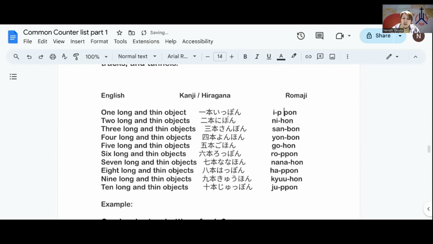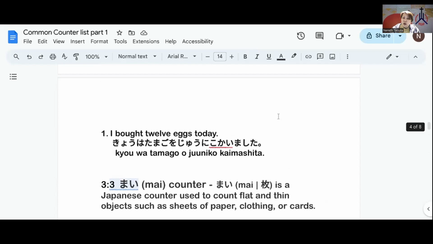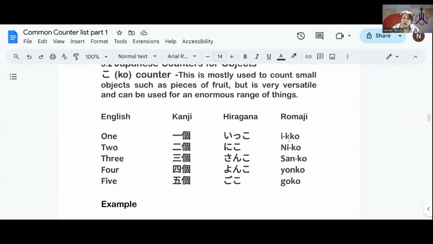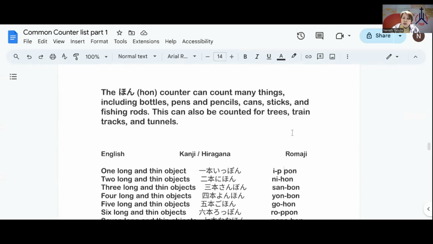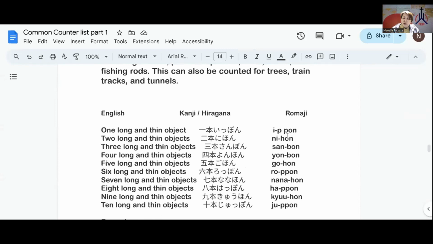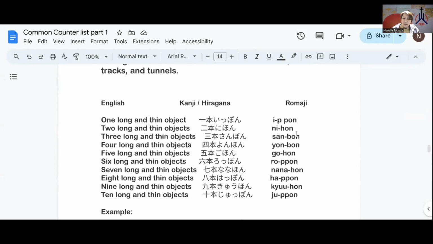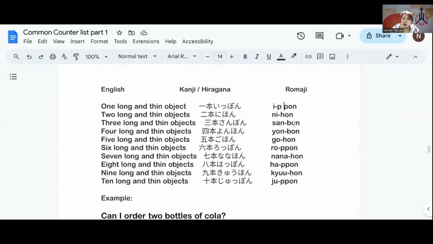Again, we don't use ichihon, but ippon, like iko, niko. The ichi here becomes i. You are not going to say ichihon, but ippon.